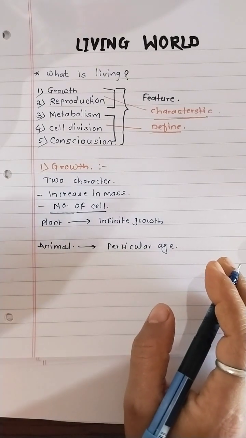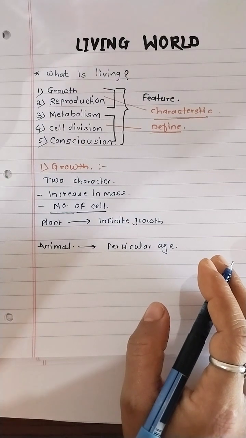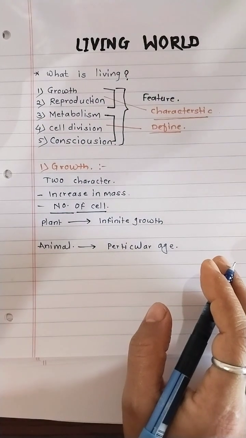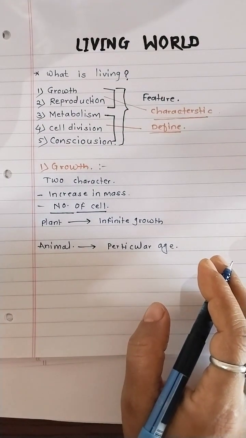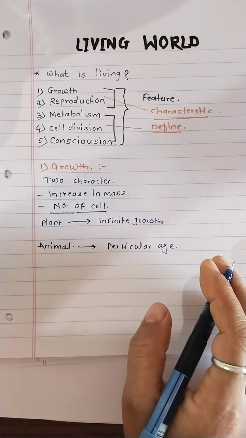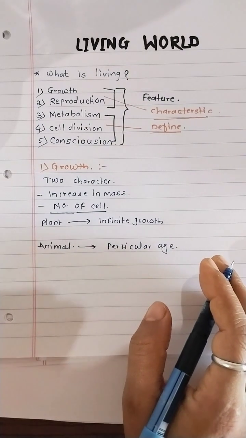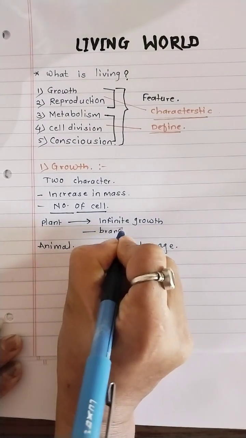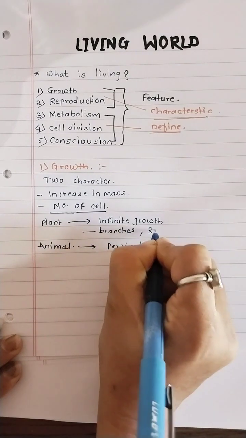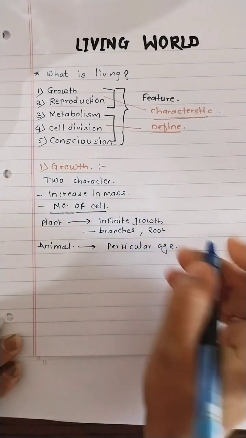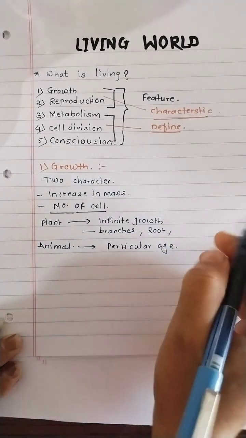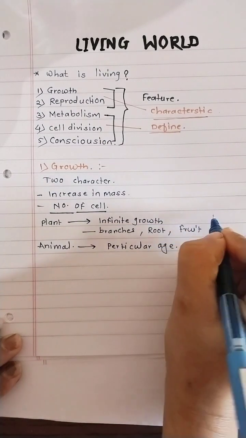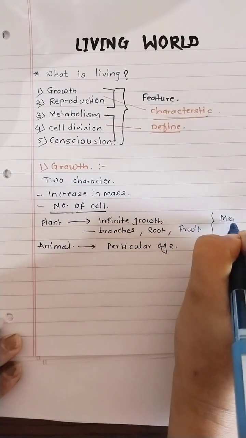It keeps forming branches, roots and fruits, multiple times until the end of life. The roots spread over lots of space, and fruits form. This happens due to the meristem.